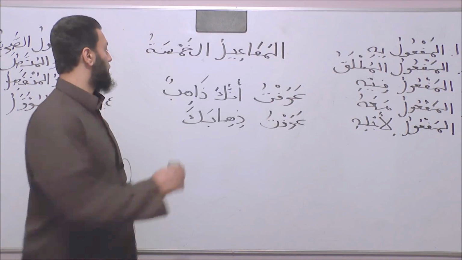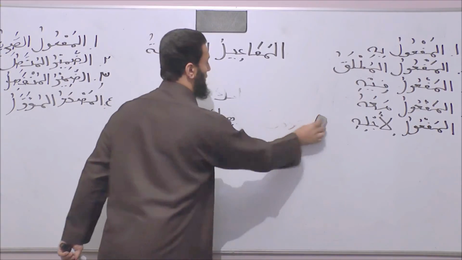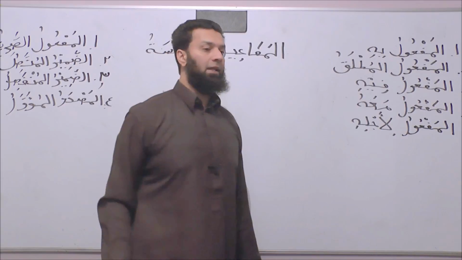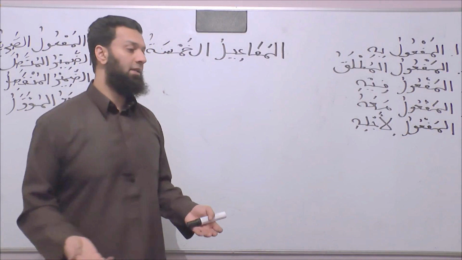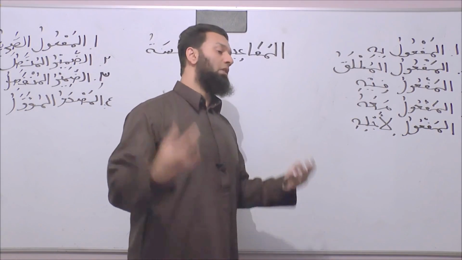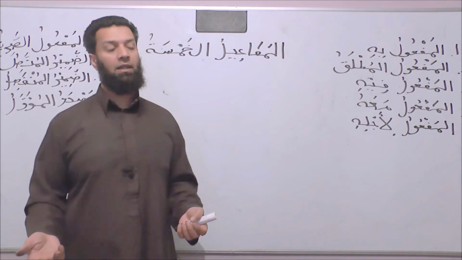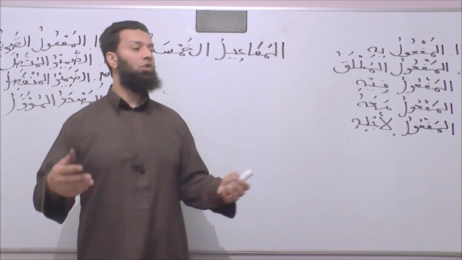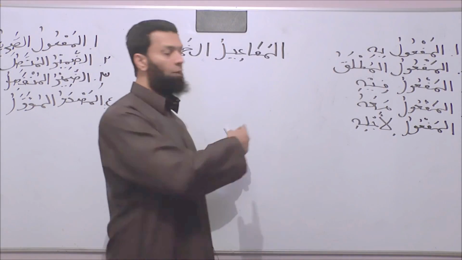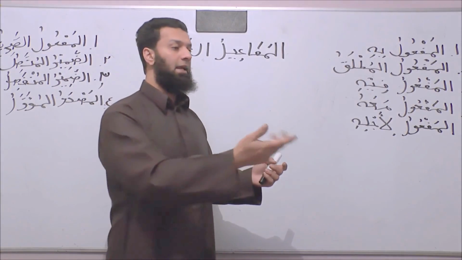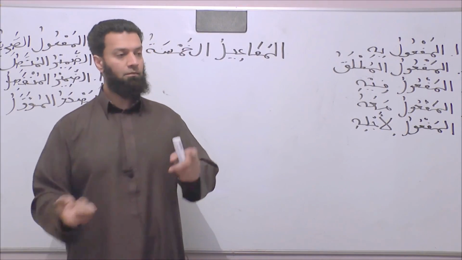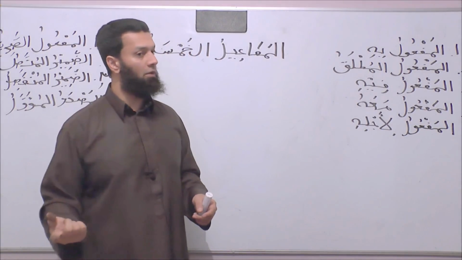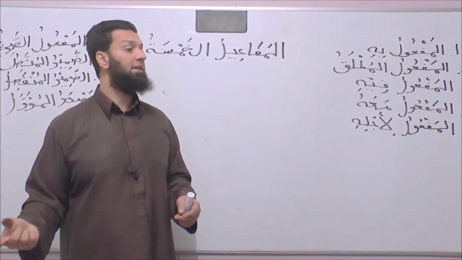What remains therefore is to explain, and I'm sure that you're probably already aware of this, that your maf'ulun bihi can be an entire sentence. It can be another sentence which is al-jumlatul fi'liyah, or it can be another sentence which is al-jumlatul ismiyah. We there just in effect demonstrated al-jumlatul ismiyah, comprising of al-mubtada and al-khabar, because anna enters upon al-jumlatul ismiyah.